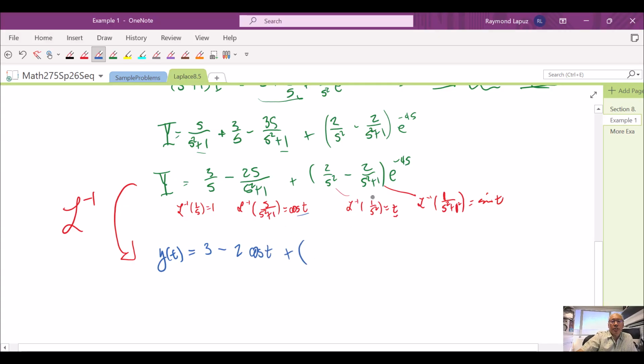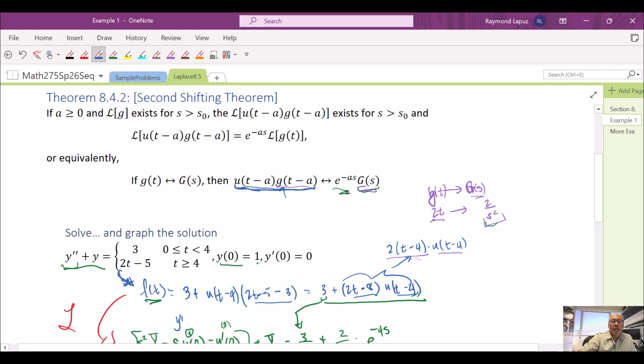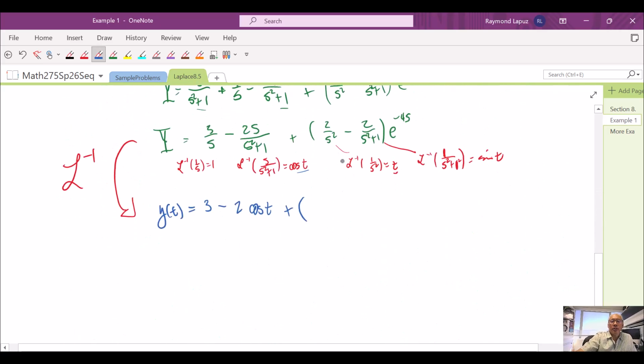Now here comes a shift. So I'm going to put a parentheses, and when we bring this back, according to the theorem, we're going to need to bring that back with a shift. All right. So this is t, so this is 2, and then this is t, so we need to do that shift.